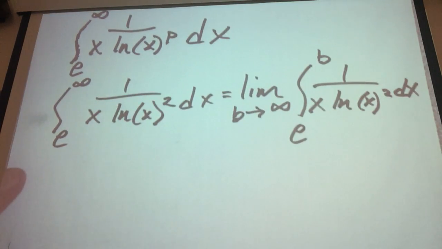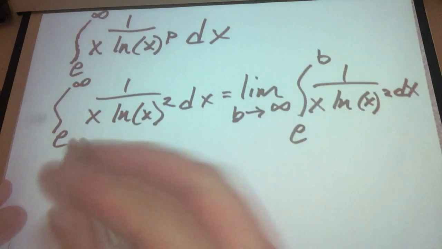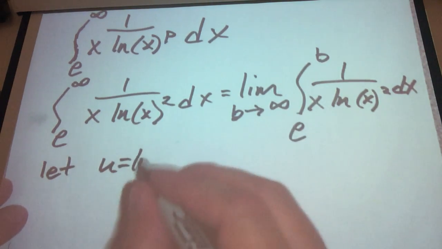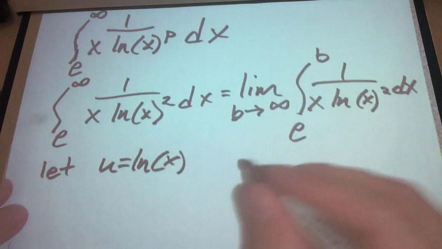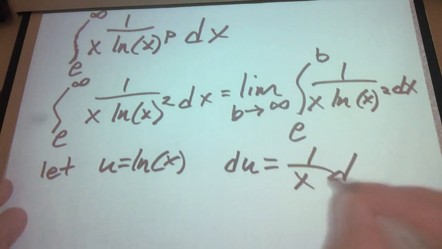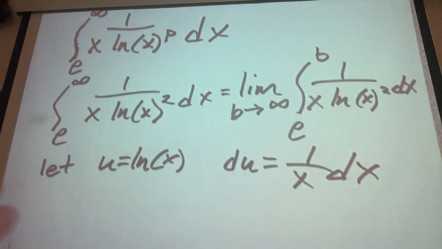Okay, so I'm going to let u equal the natural log of x so that du is going to be 1 divided by x dx. Okay?